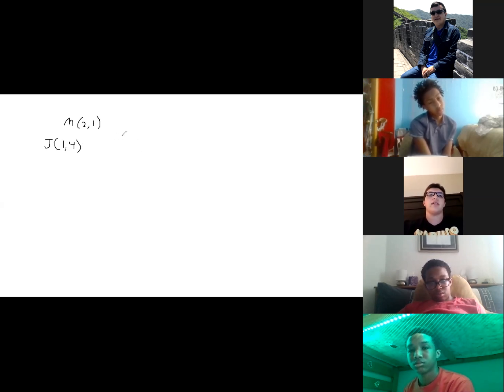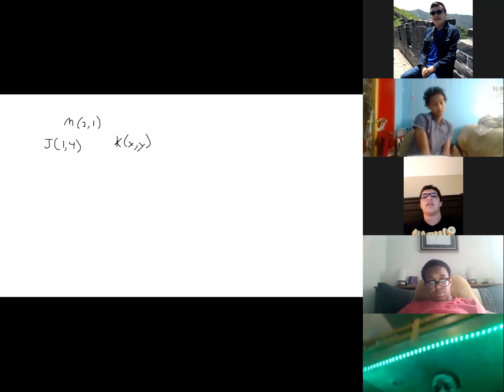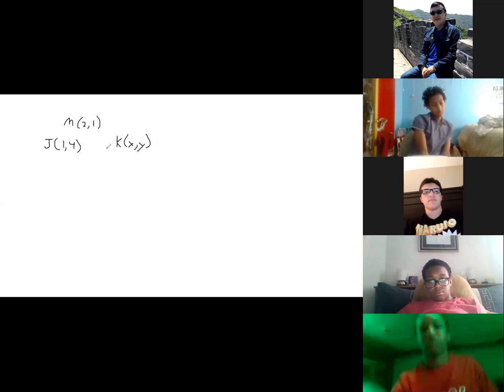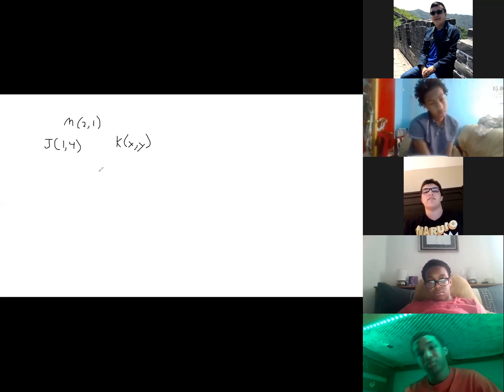So let's think about point K. We'll say that K is at the point X, comma Y, right? We already know that the way you find the midpoint between 2 points is you add the X values and divide by 2, then add the Y values and divide by 2.